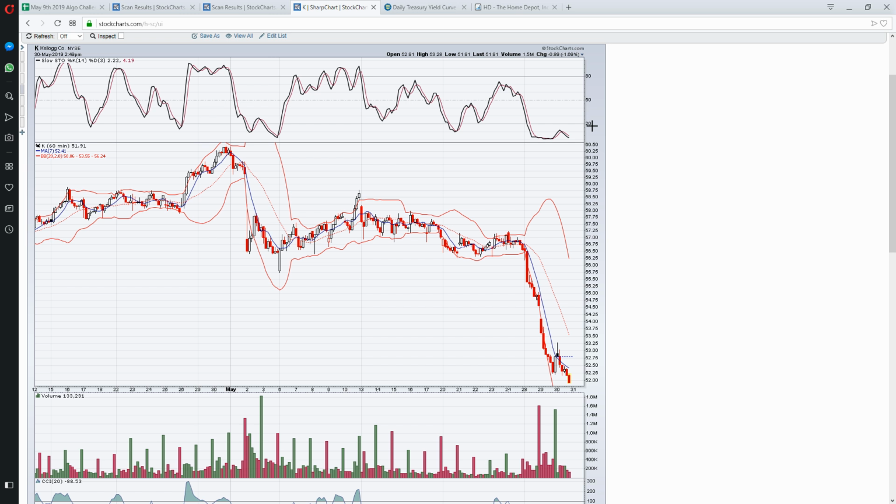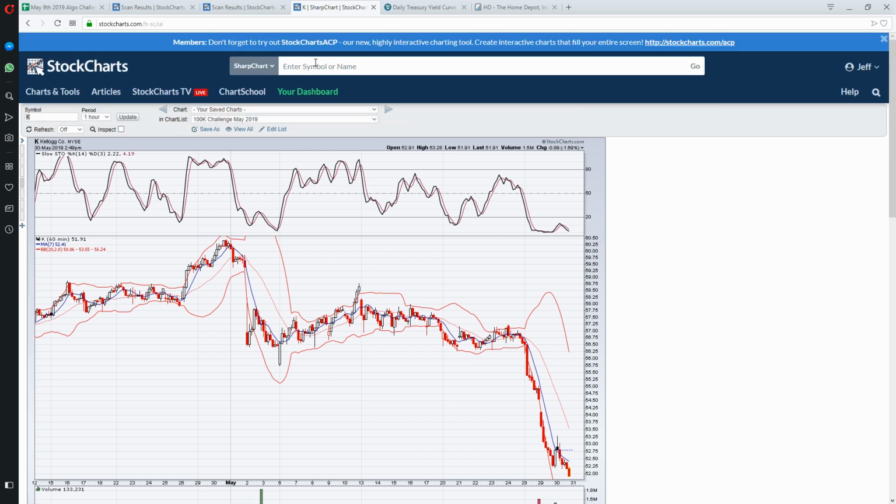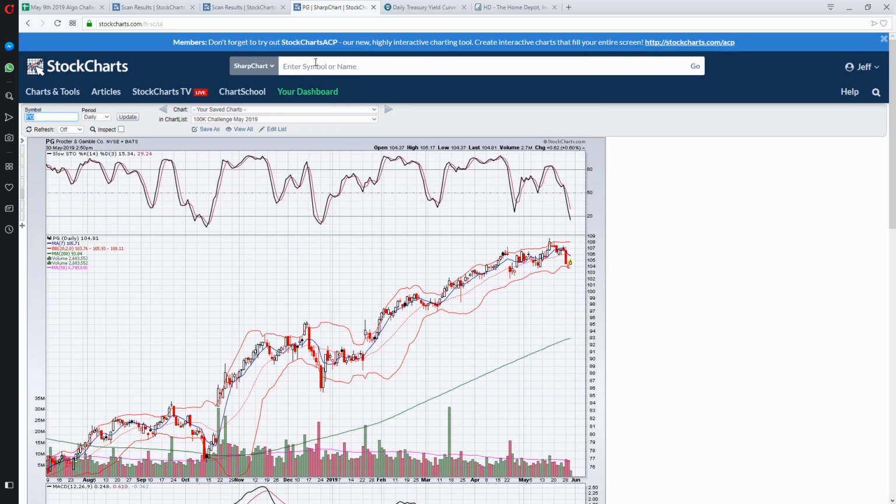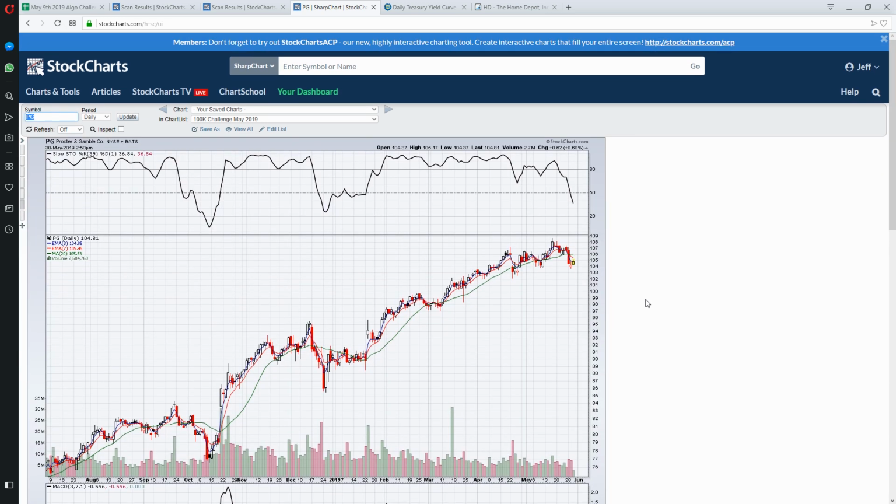Okay. Last thing I want to look at is in response to a question about Procter & Gamble. I showed Procter & Gamble yesterday and talked about how I bought some yesterday. I still have it, I'm not going anywhere with it, but I was asked if it could turn into a challenge trade. And the answer is yes, it could. Not the ones that I traded, but it would need a 3-7 crossover.